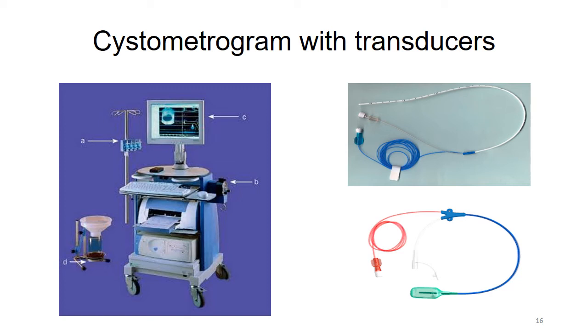On the left side of the left picture, and on the lower side we can see a flow meter for assessing the urine flowmetry. On the right upper part we can see a dual lumen intravesical catheter which measures the intravesical pressure, and on the right bottom we can see a rectal catheter for measuring the abdominal pressure.